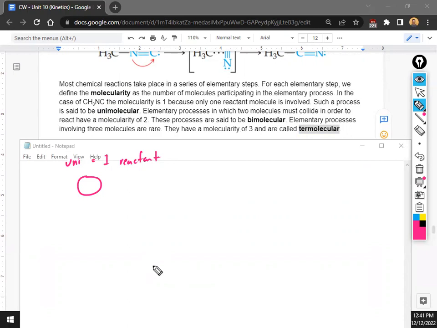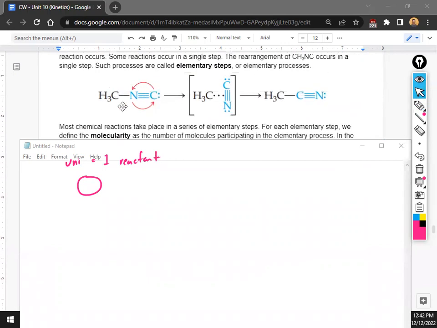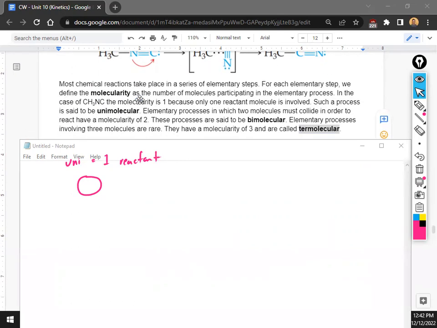Take this example right here, the one we just saw. It's one molecule, and then the C and the N switch places, but it's still within the same molecule. There's only one reactant. This is a unimolecular reaction, where one thing changes within the molecule.